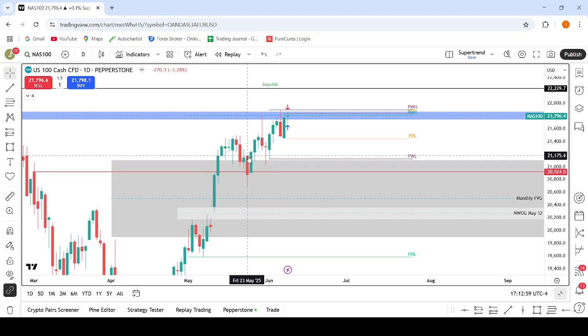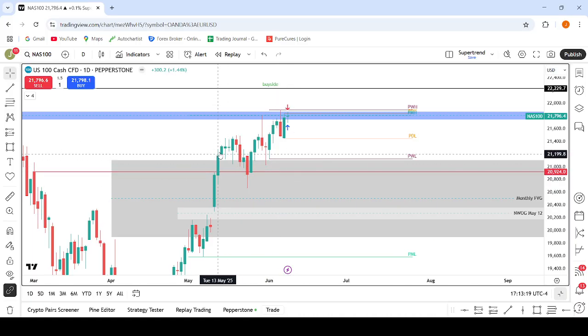So if this is our 1 hourly order block, if you wanted to see price return here, although I said that, see, again, you see how I keep changing? So this was the order block that we were looking at to see if price reacted if it got here.